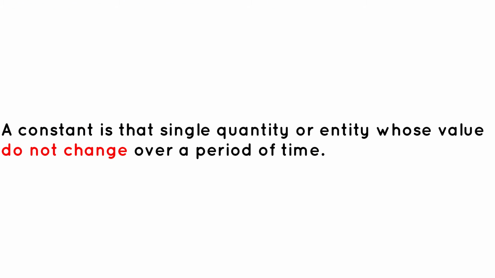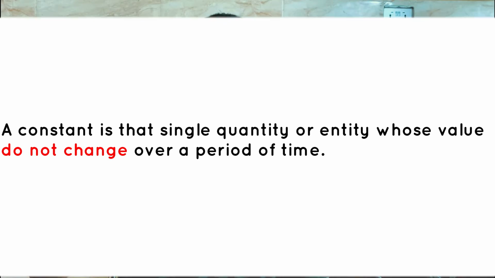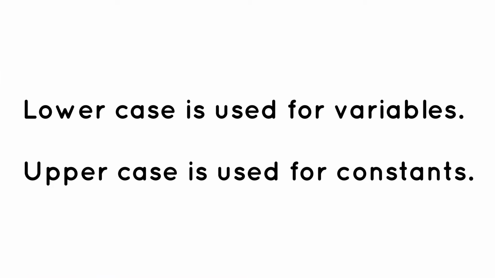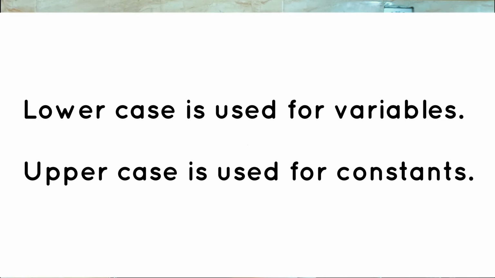And contrary to the concept of a variable, we have something we call a constant. A constant is that quantity whose value does not change over a period of time. So it has a fixed value. A variable has a changing value and a constant has a fixed value. In general terms, we use lowercase to represent variables and we use uppercase to represent constants.